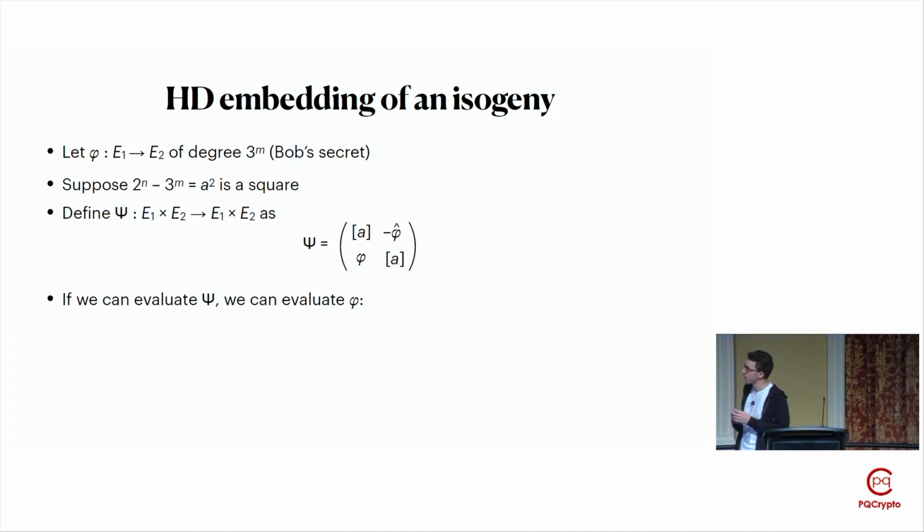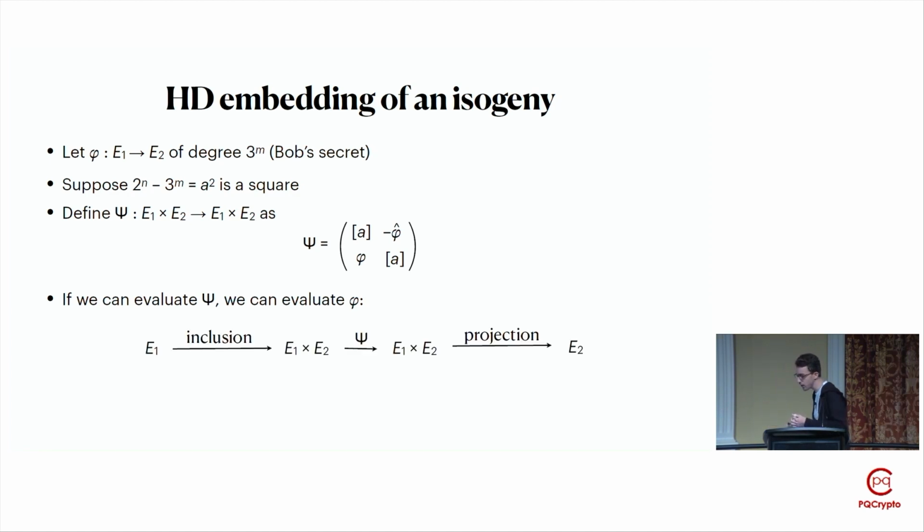Why is that interesting? Well, the first reason to think that could be interesting is because you have your secret isogeny here. And if you can evaluate this isogeny psi, the large one, then you have an algorithm to evaluate phi also. How so? Well, just look at this composition of maps. You start with a point P1 on E1. You include it into the product, so you would get the pair P1, 0.